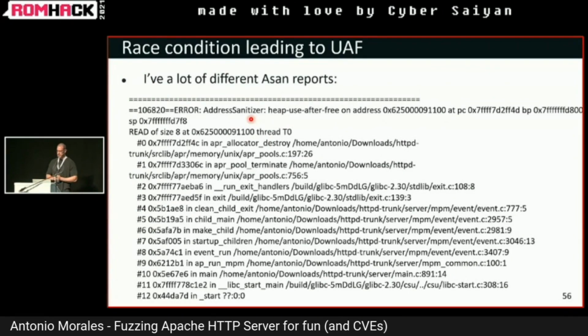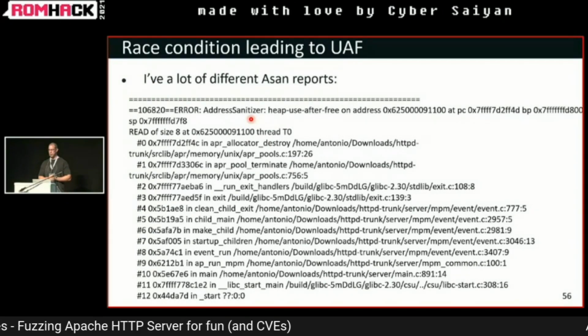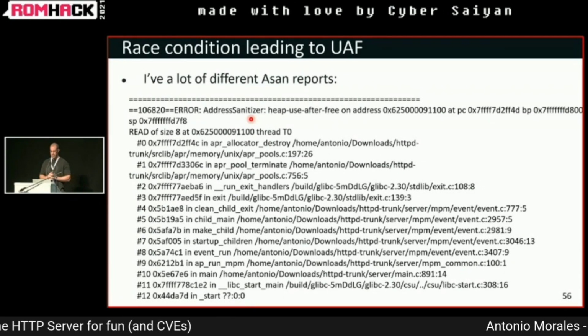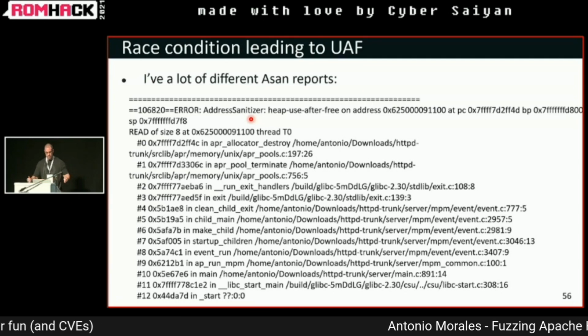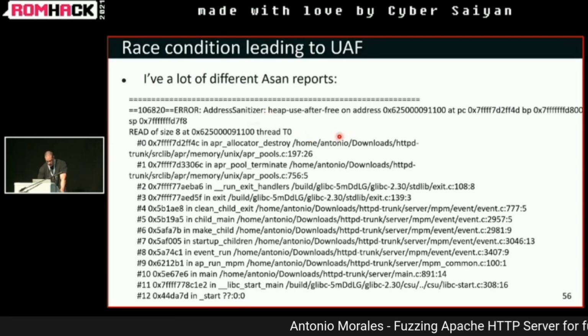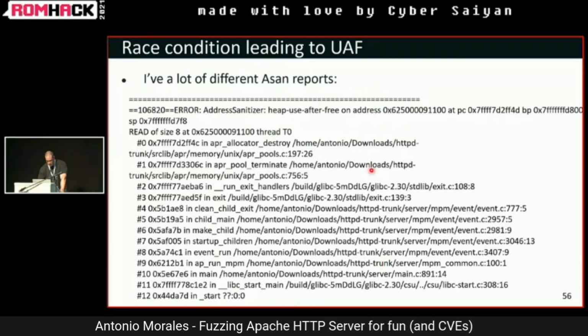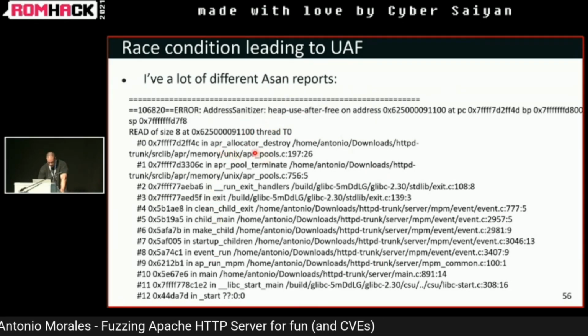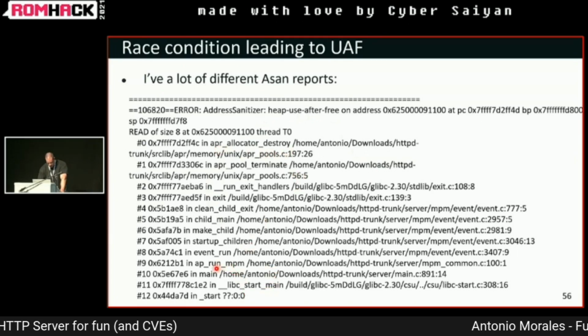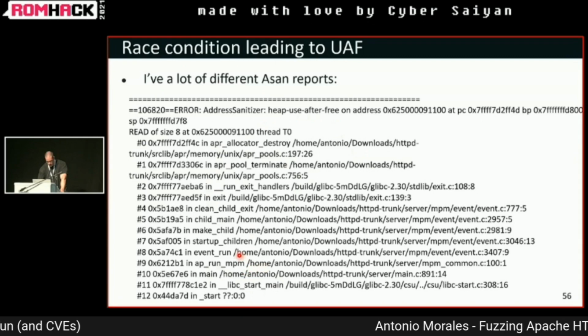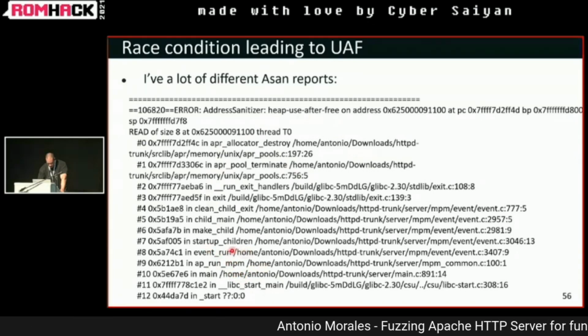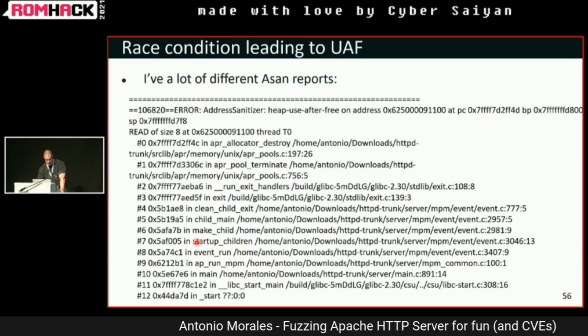Of course, there are some stack trace examples. I have a lot of them. In this case, we have a use after free, as you can see here. And look at this stack trace. We have the APR allocator destroy, starting with the MPM in the event MPM.